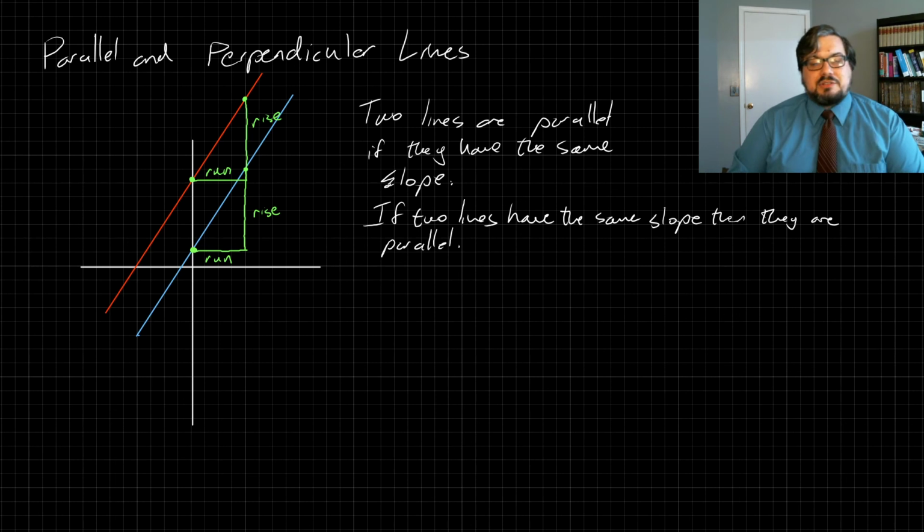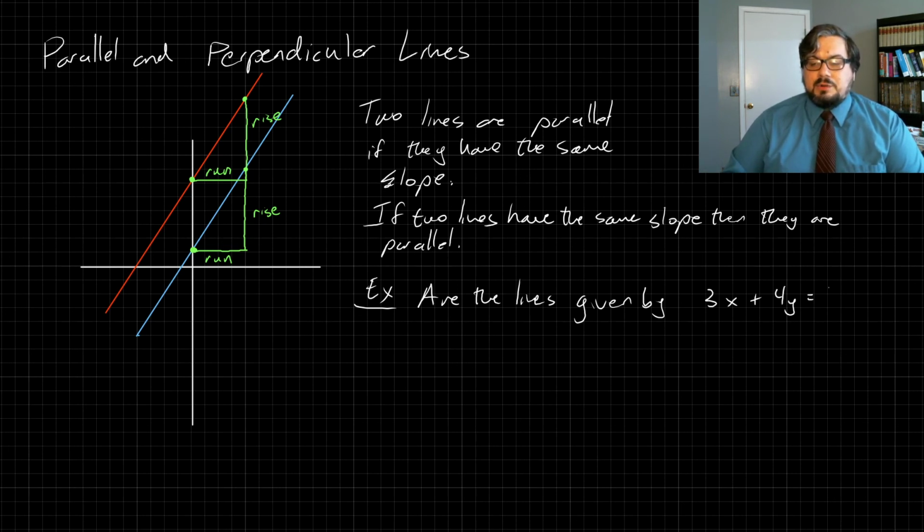So let's ask the question. Let's say, are the lines given by the equations 3x plus 4y equals 7 and y equals negative 3/4 x minus 12 parallel?